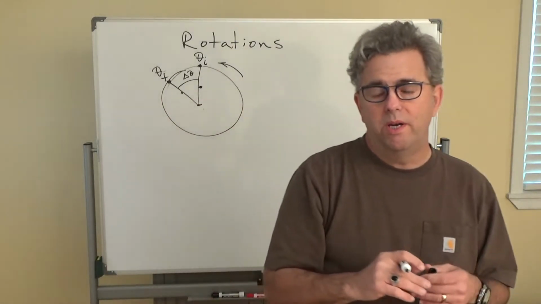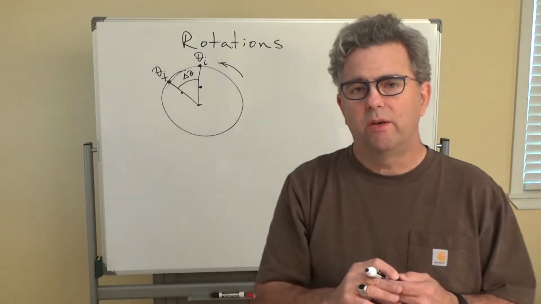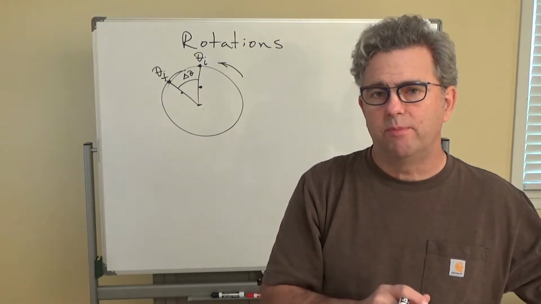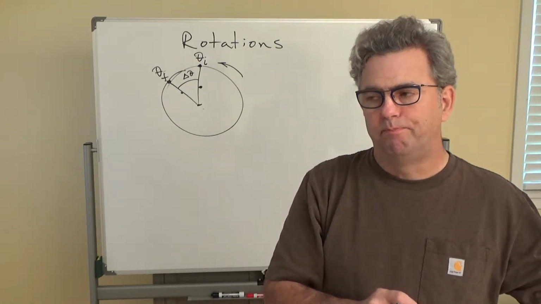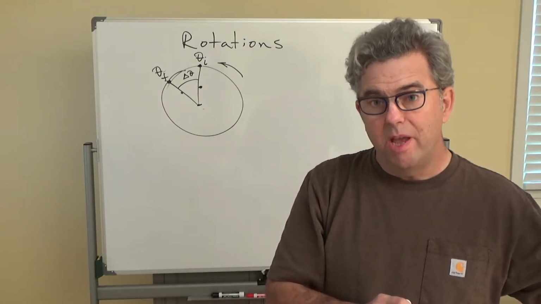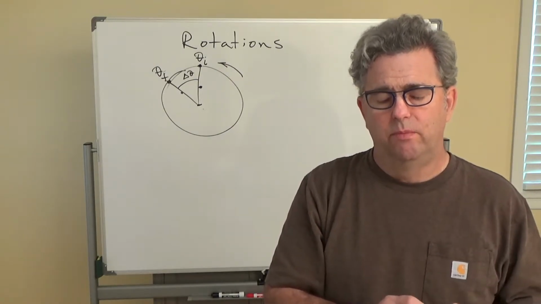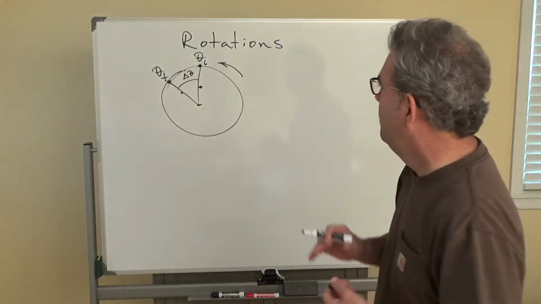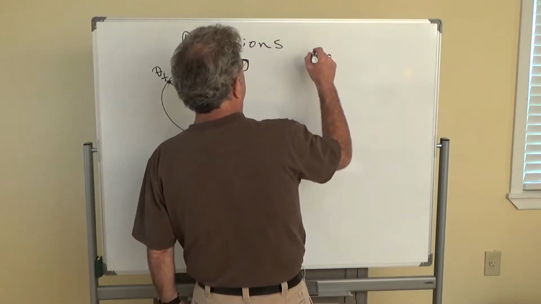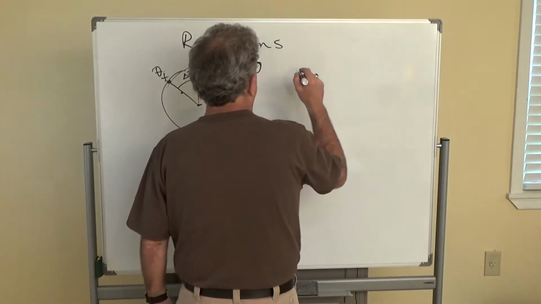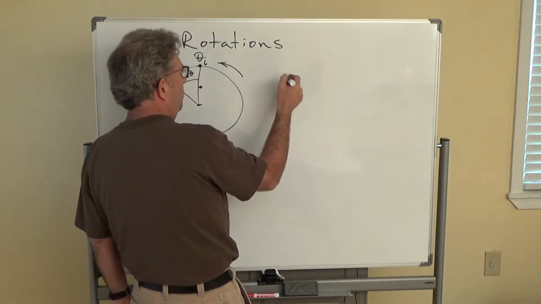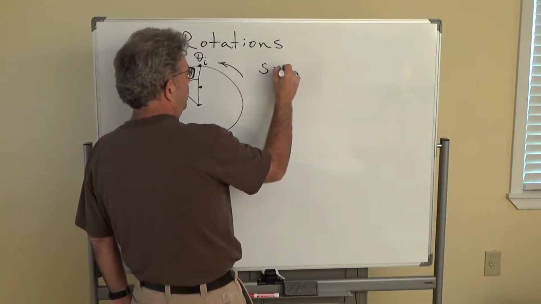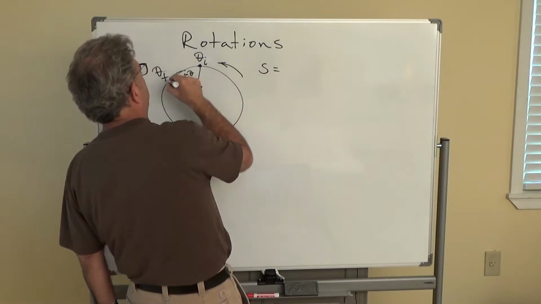This is going to be 1D motion, just like we had the first part of the semester. That dimension is angle. Angle will be in radians, okay? And remember that the relationship between distance, angle, and radius is S, that's the distance.